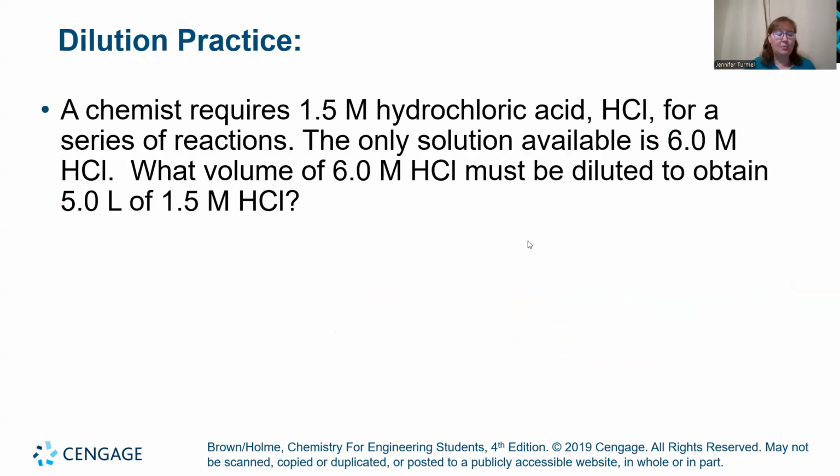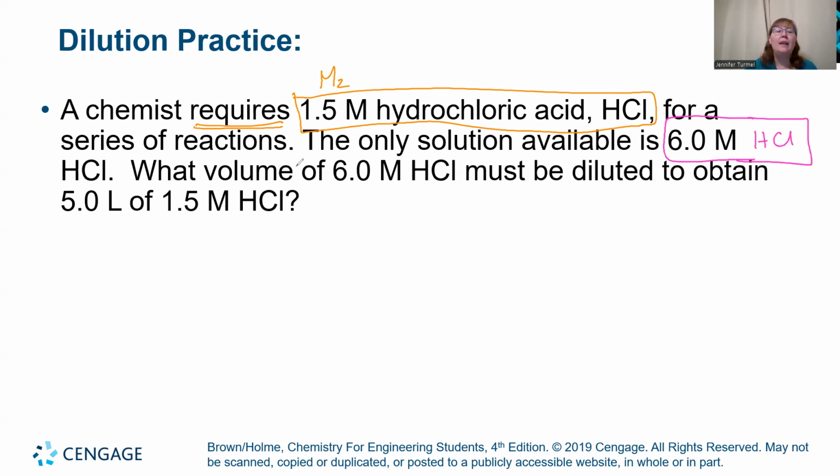So let's take a look at a problem and then we will be done. This tells us that a chemist requires 1.5 molar hydrochloric acid. Since it says that we require this, this is going to be our final quantity, so this is M2. The only solution available is a 6 molar hydrochloric acid, which is pretty concentrated.